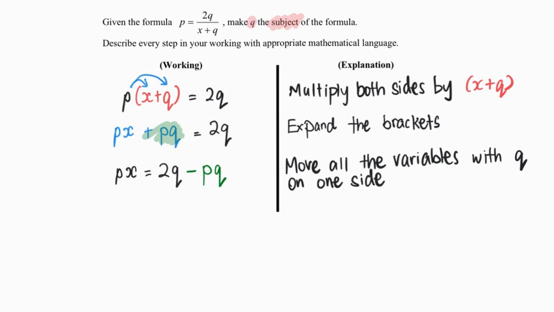Okay, and after which, at this point, I see that there's 2q. This is the crucial step now. Because I see that q is now the common factor, I'm going to take out q as the common factor.